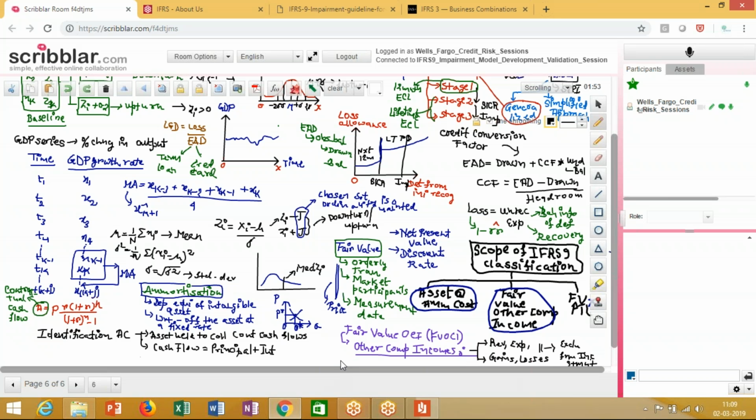Obviously, the other comprehensive income, such incomes do not impact the income statement but they impact the balance sheet.